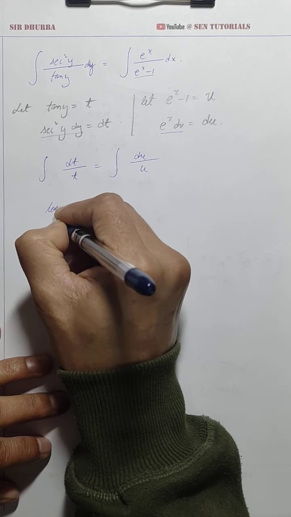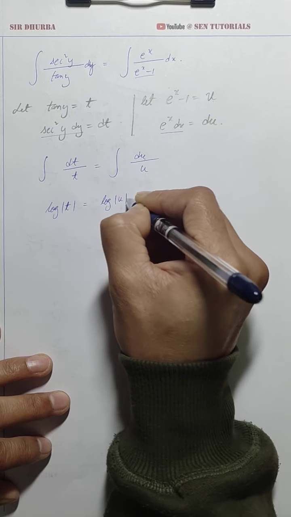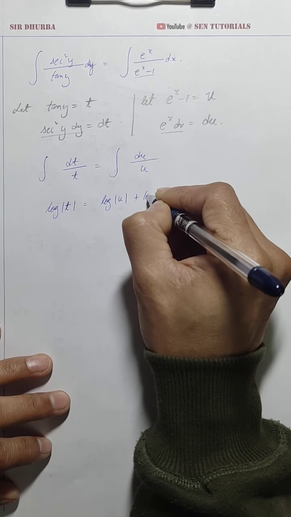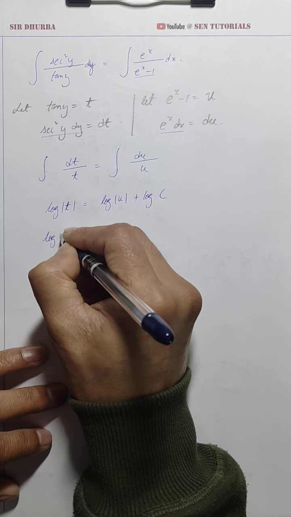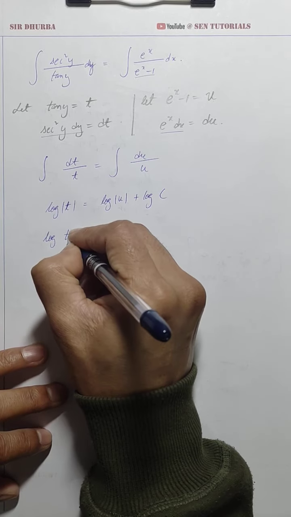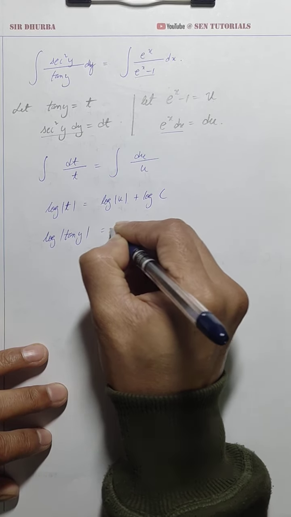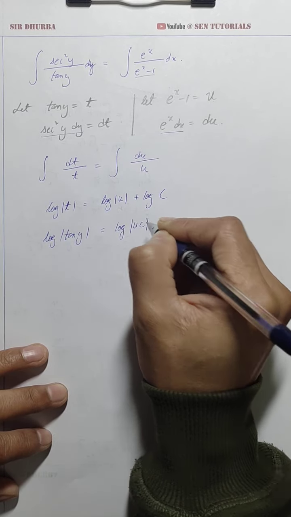So that will be log of t equals log of u. So you can see log, and the other one, what shall I take? Log of c. So that's log of t, and the value of t is tan y, equal to log of u into c.